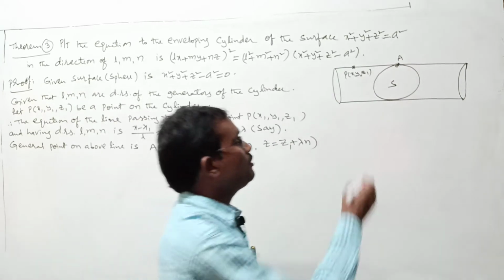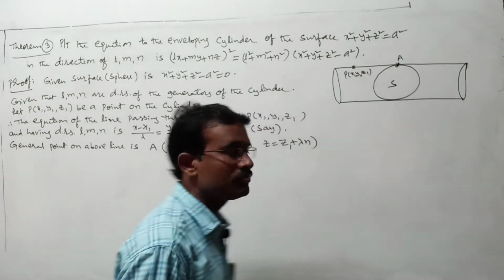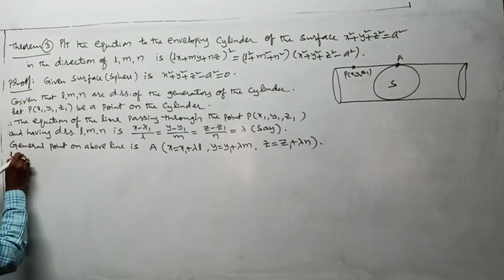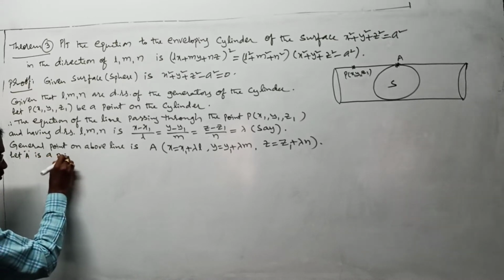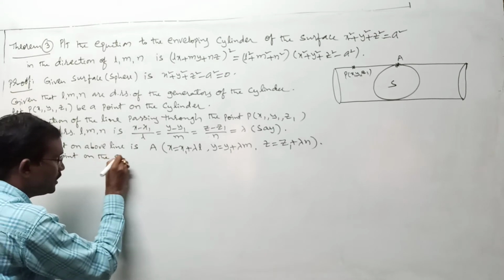I want to fix that the general point is on your given surface. Let capital A be a point on the given surface.